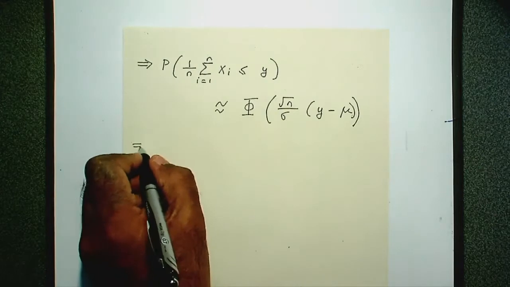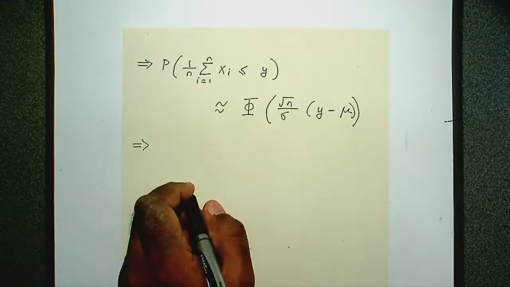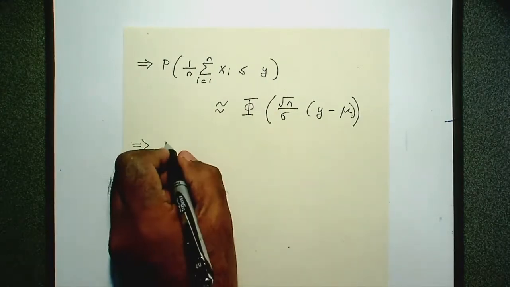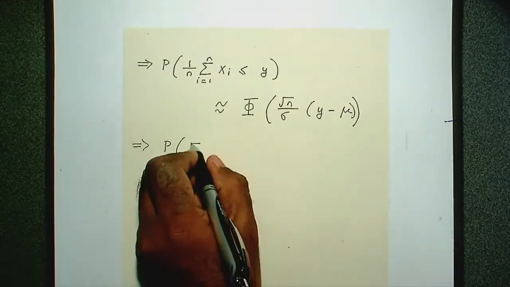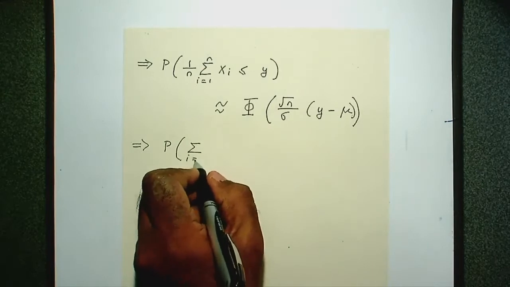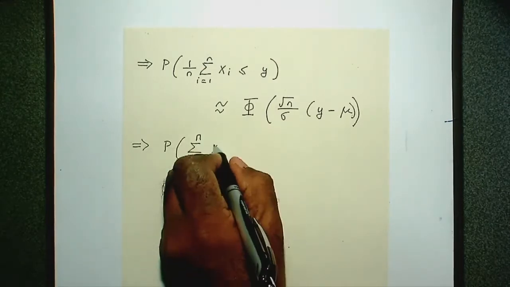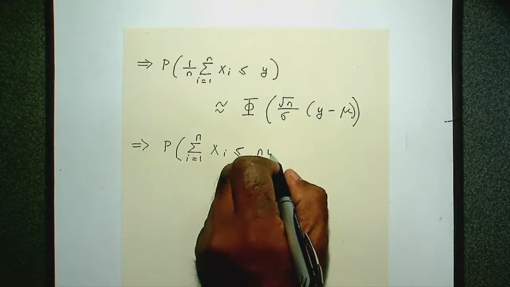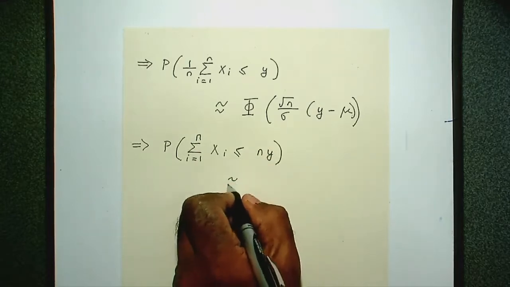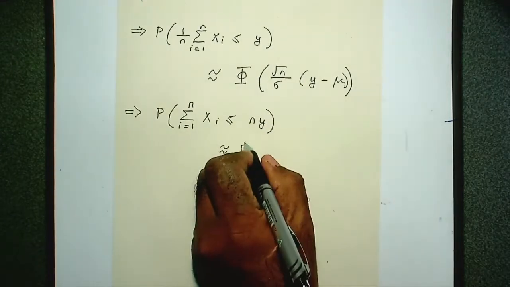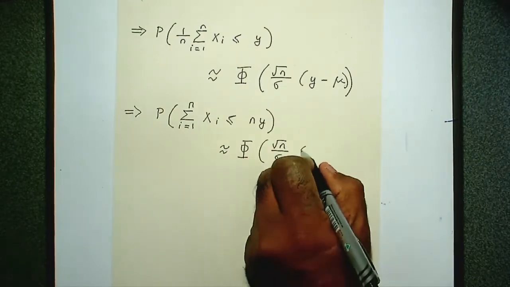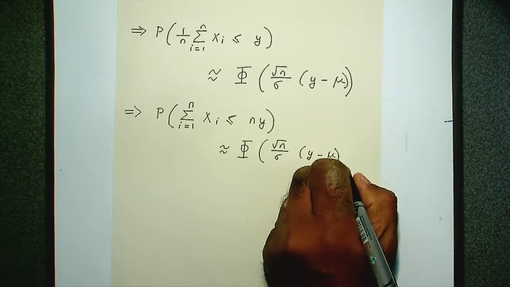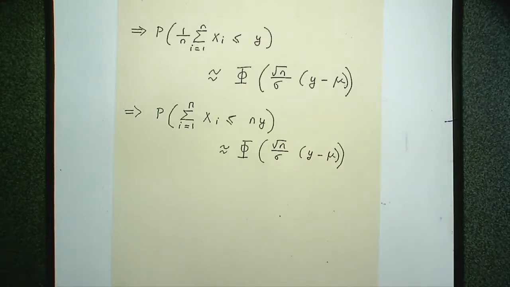Now, I'm going to do some more things, so bear with me. I'm going to take the n here to the right hand side. So this would be the sum of xi less than or equal to n times y is approximately equal to. All right, now I'm going to do another substitution, guys.